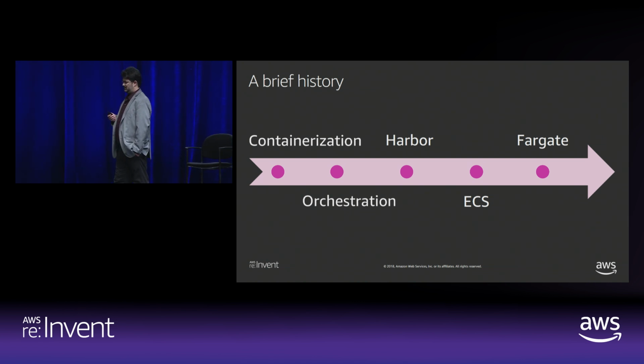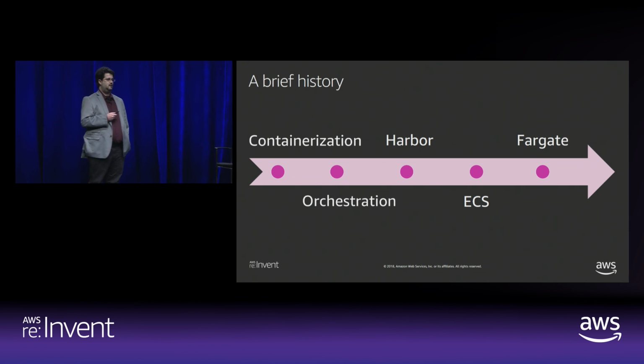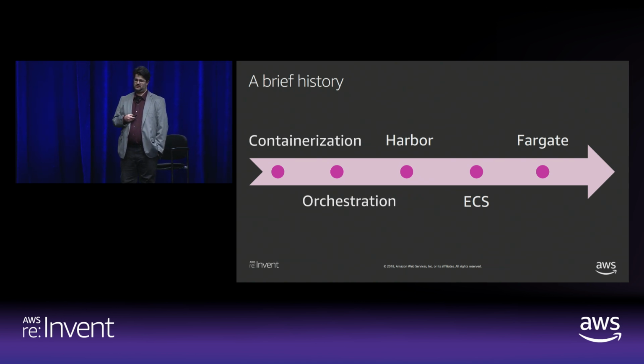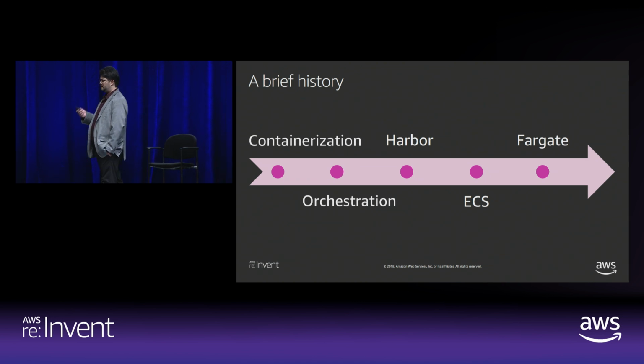So we went about building a platform that we called Harbor, which is basically an internal PaaS running on top of a Kubernetes cluster. And we began migrating teams onto this platform. And it worked really great for them for a long time.